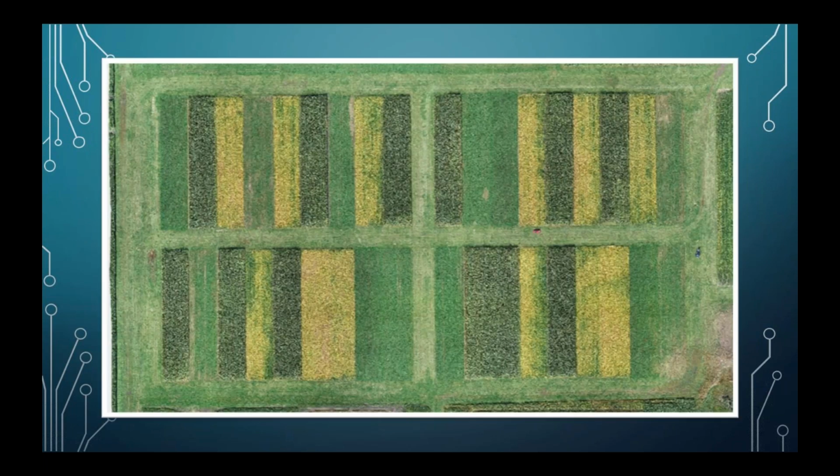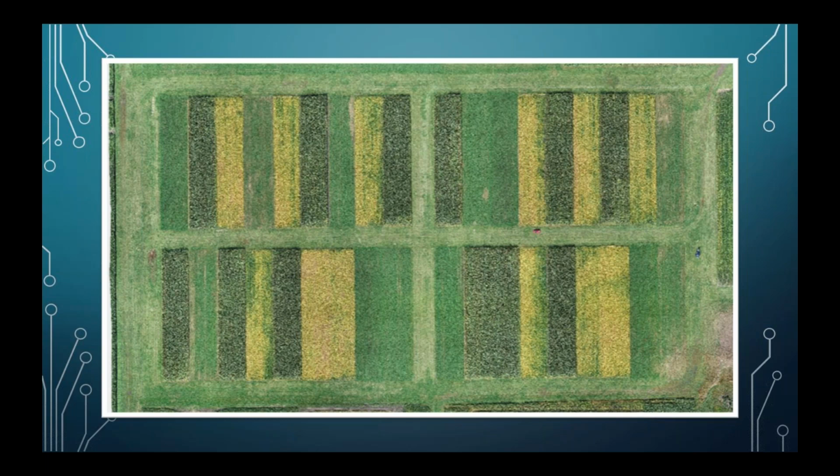So here's an example of maybe a big farm or a field. This is not an image, it's an orthomosaic. It's a bunch of images stitched together. And so we can get awfully high resolutions from that process. And we can get an idea of what's going on, and we can use this for scouting.